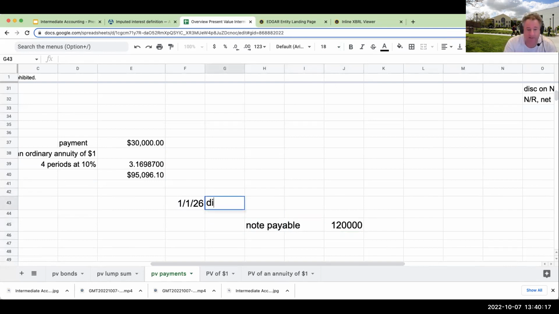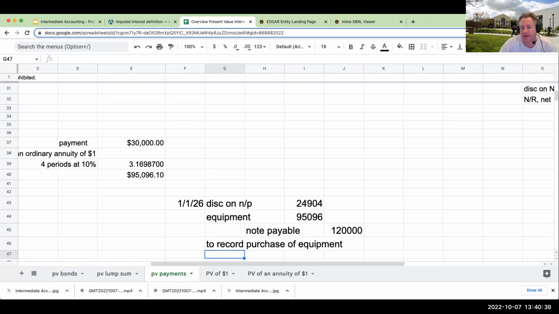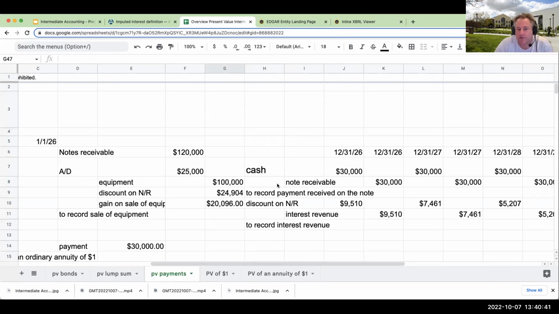And I'm going to have a discount on the note payable because that is not in today's dollars. It's going to be 120,000 minus 95,096. And then over here, I'm going to have my equipment at 95,096, and this is going to be the record purchase of equipment. Okay, so we're now doing this from the other side.